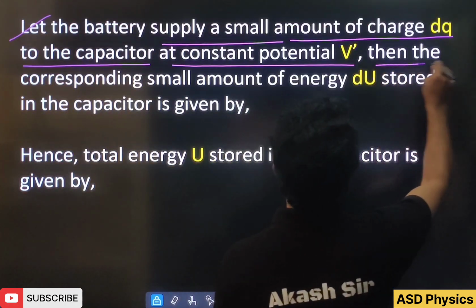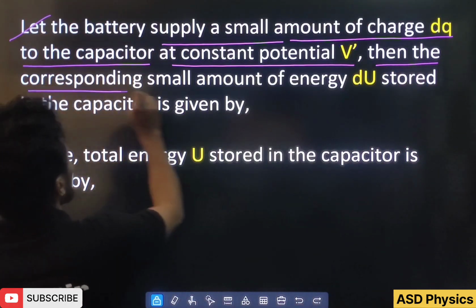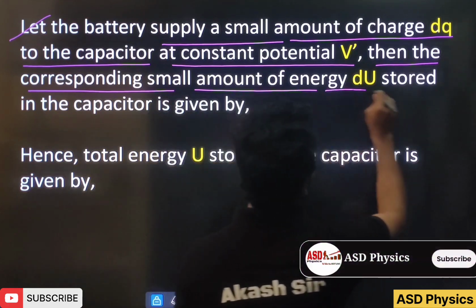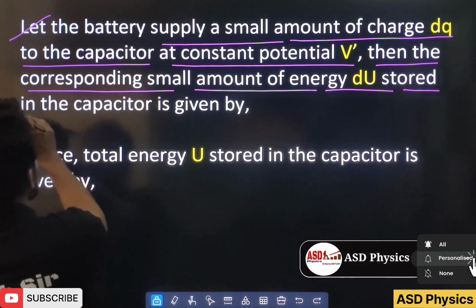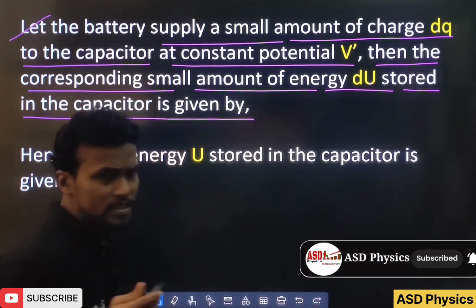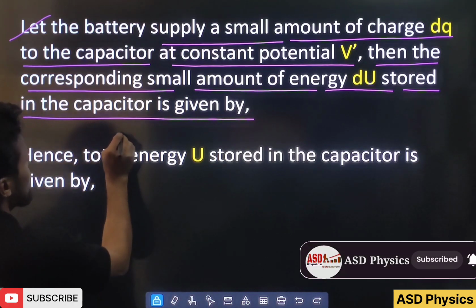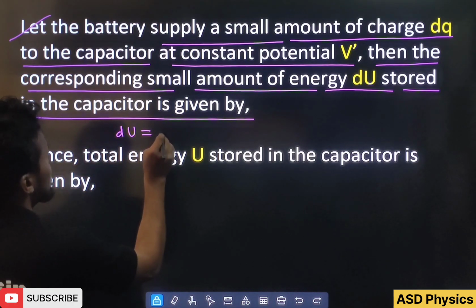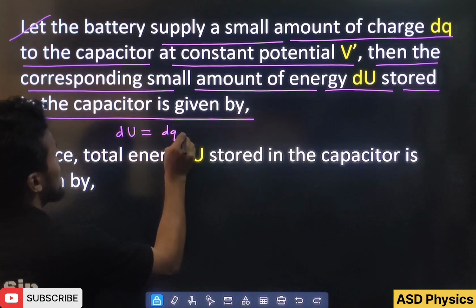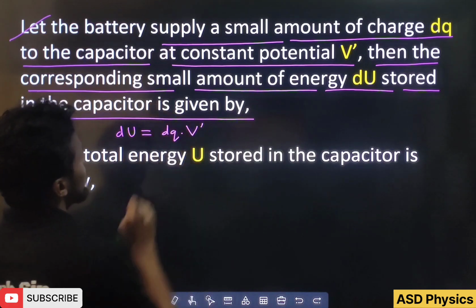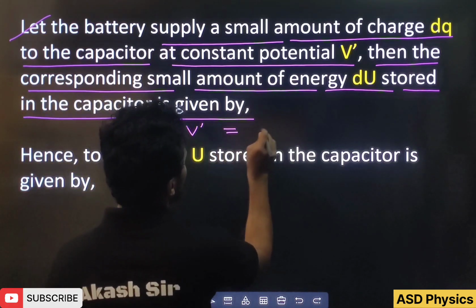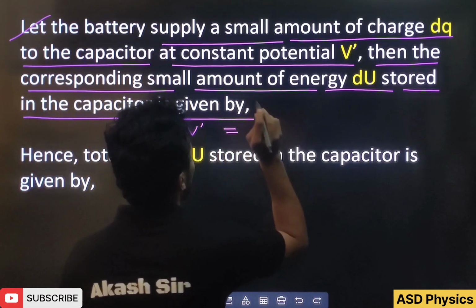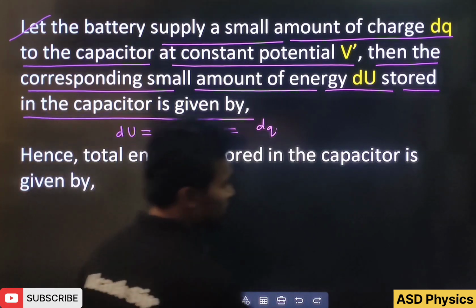Then the corresponding small amount of energy dU stored in the capacitor is given by... Okay, so students, this energy dU is given by the charge we have given, dq, and the potential V dash. Now, what is the value of V dash from equation 1?